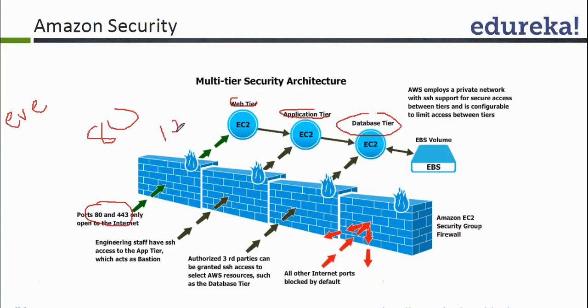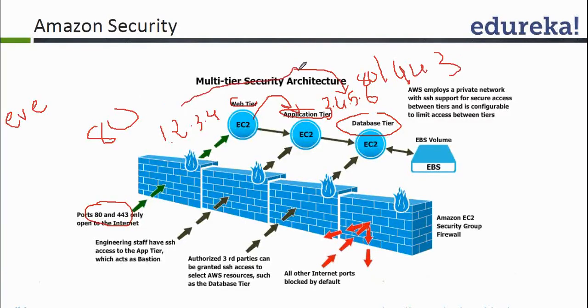The IP address of this is 1.2.3.4, for example. Now here my application server's IP is 3.4.5.6. But here I have done this trick: I have opened port 80 and 443 only for the IP address 1.2.3.4, not for anyone else. So if the web tier is trying to connect to me, I am okay. But if somebody is trying to connect to me directly, I would not allow them.